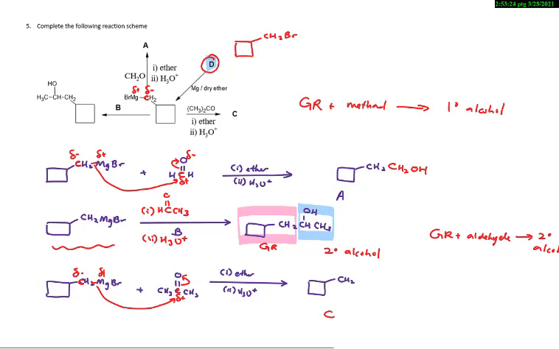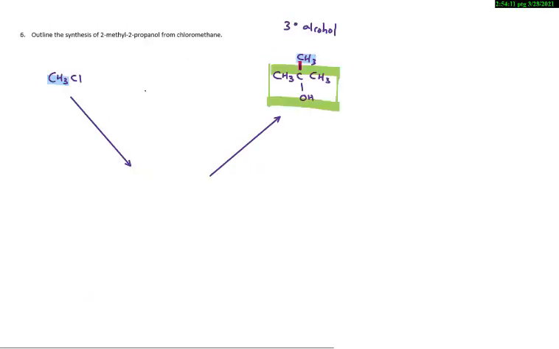The C double bond O breaks into C single bond O, and after hydrolysis it gives a tertiary alcohol.